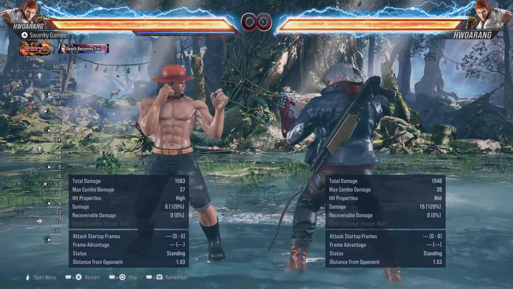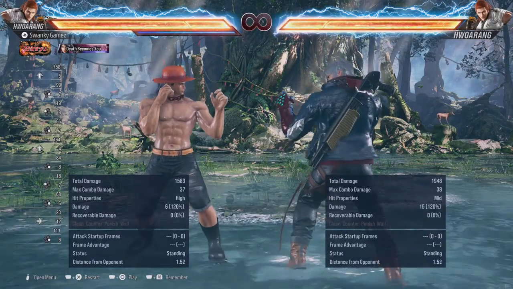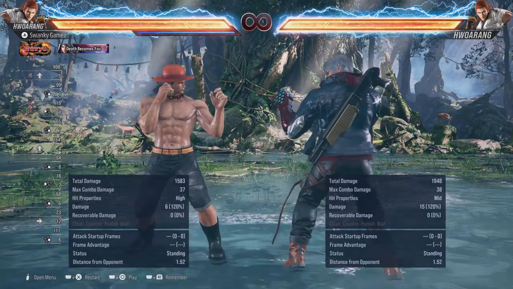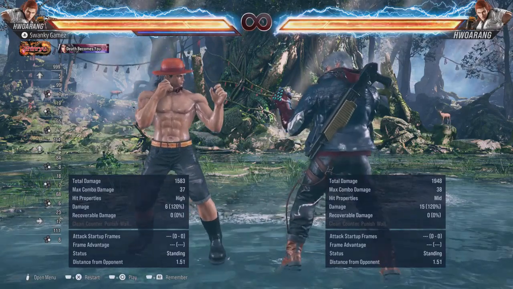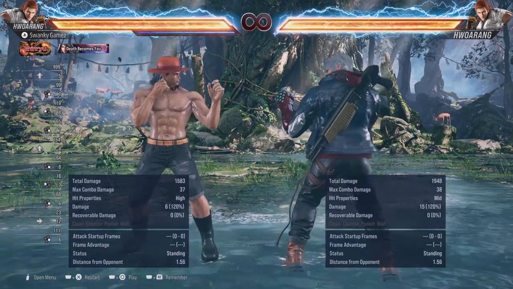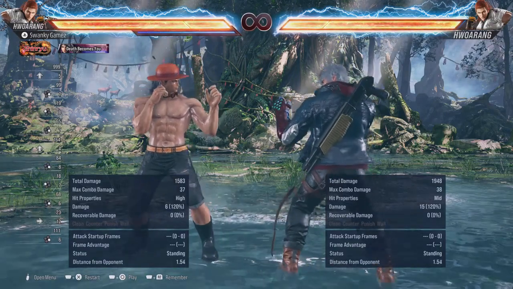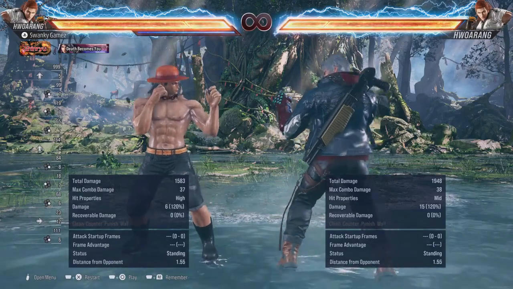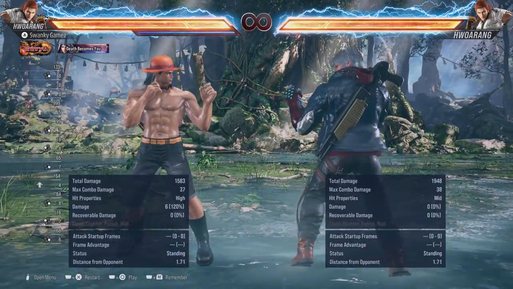So you could either try to stay inside of those frames so you can get potentially guaranteed damage, or continue pressuring if they want to keep blocking, or you could try to throw out that down forward 2, and either you get lucky and they try to attack into you and you launch them with a trade, or they block it and you're still only at -7, you're still safe.